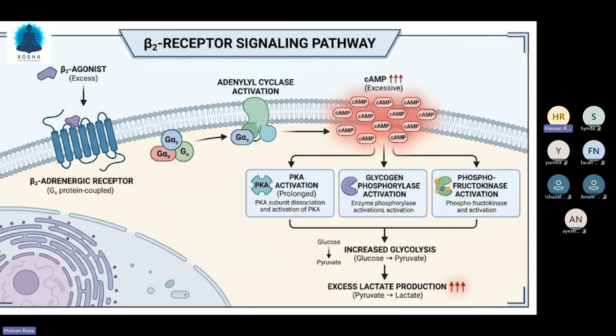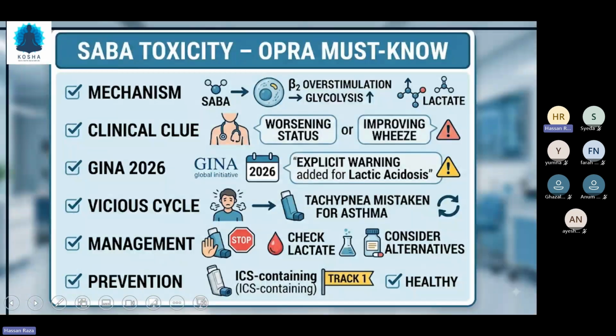Shallow breathing will happen, and physicians may confuse that shallow breathing or tachypnea with an asthmatic attack. So physicians auscultate the patient's chest, and if they suspect that his breathing is improving but his condition is worsening, they ask the nurse to do an ABG test to check for lactic acidosis.